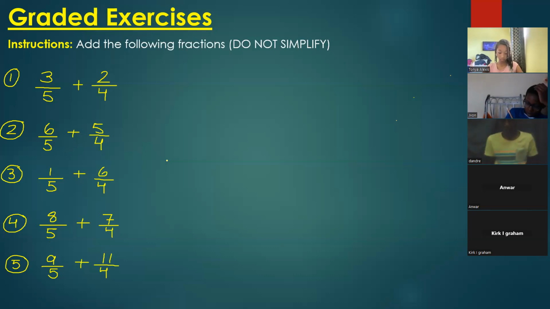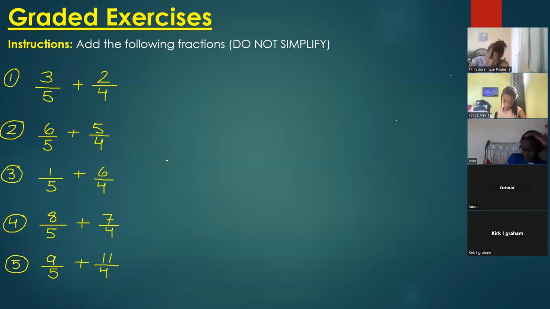DeAndre, what number you on? Number 2. Okay. Patrick, what number you on?